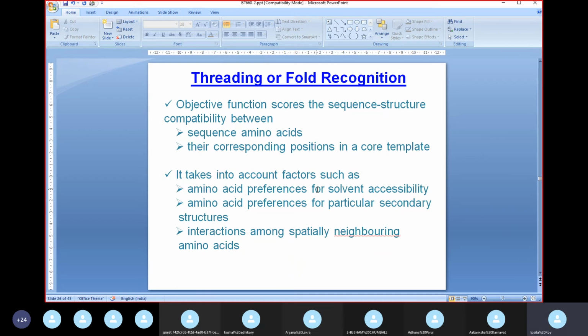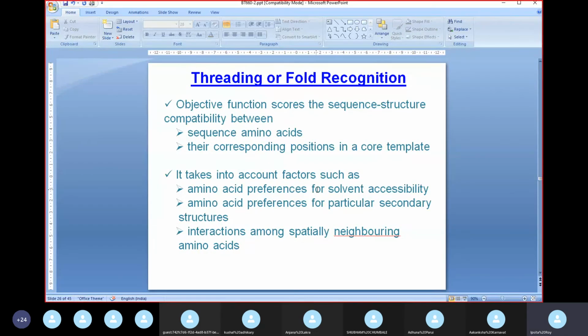Then we have yesterday seen that there are some amino acids which are always a part of a particular secondary structure, either alpha helix or beta. They prefer to be part of alpha helix or they prefer to be part of beta sheet. So when you are proposing a structure, it should not be that all your non-polar residues come outside, or that an amino acid residue which you know always prefers to be a part of alpha helix, you propose that it will be a part of beta sheet.